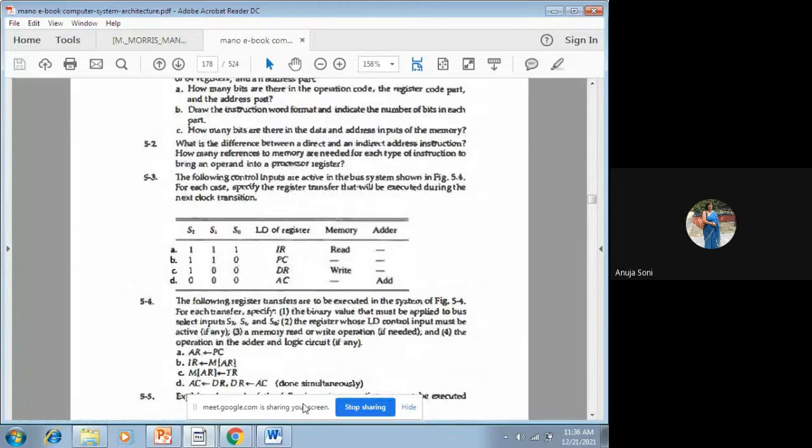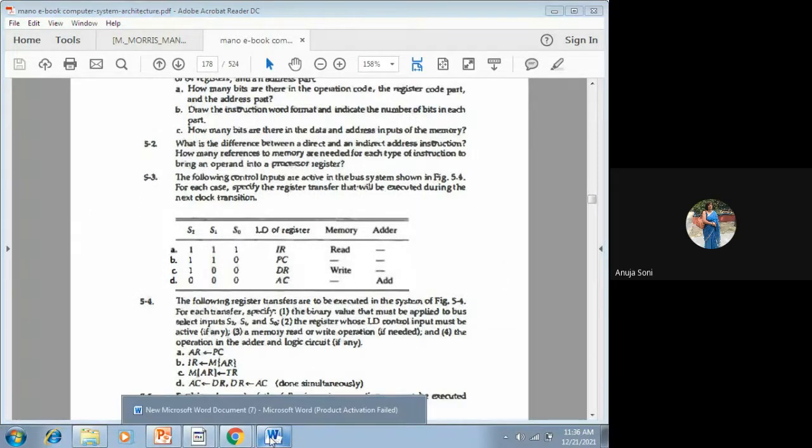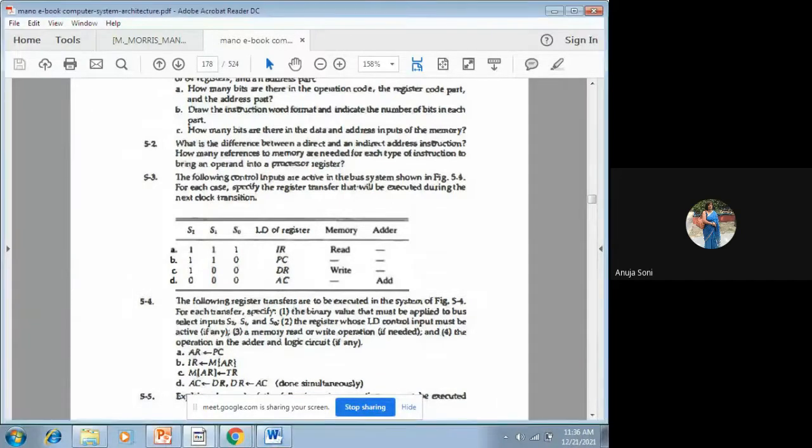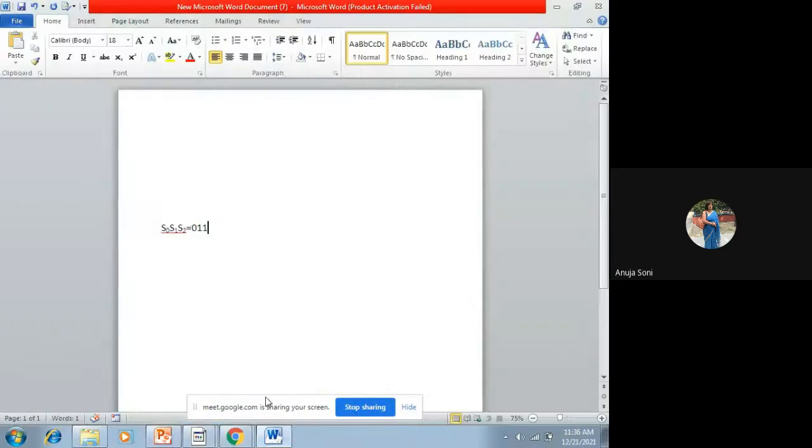Its value becomes 7, as well as the read signal of memory, read of memory, is enabled. It is written. This is written only, right?